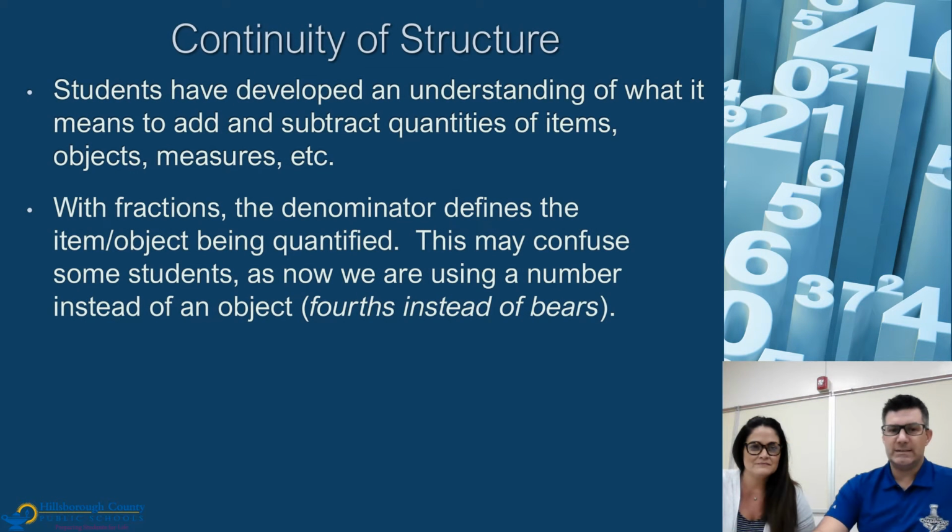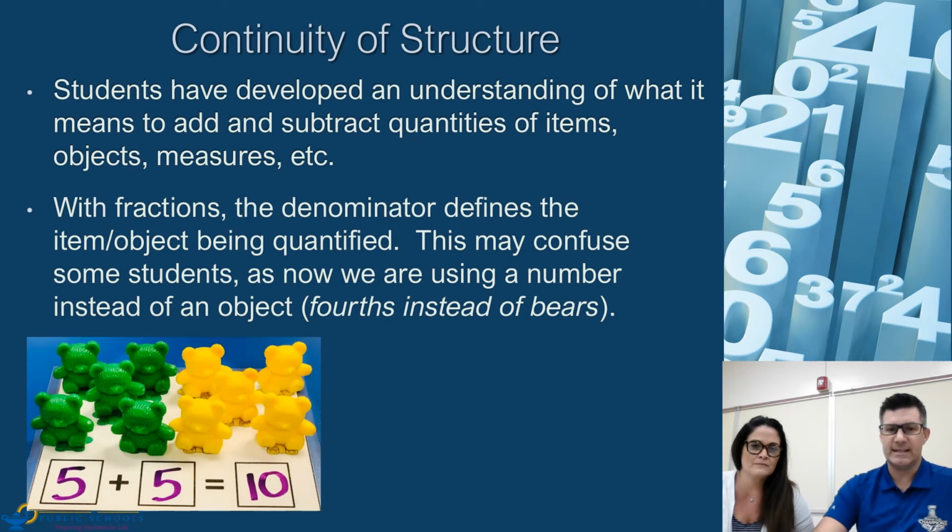As we connect students' prior understanding with whole numbers to fractions, such as decomposition, we also want to connect their understanding of what it means to add and subtract. Before, in primary, kids were adding and subtracting items and measures, such as counting bears. It was easy for them to say 5 bears plus 5 bears is going to be 10 bears.